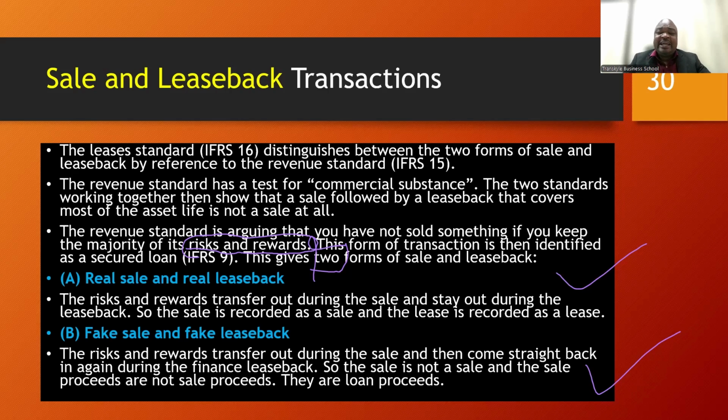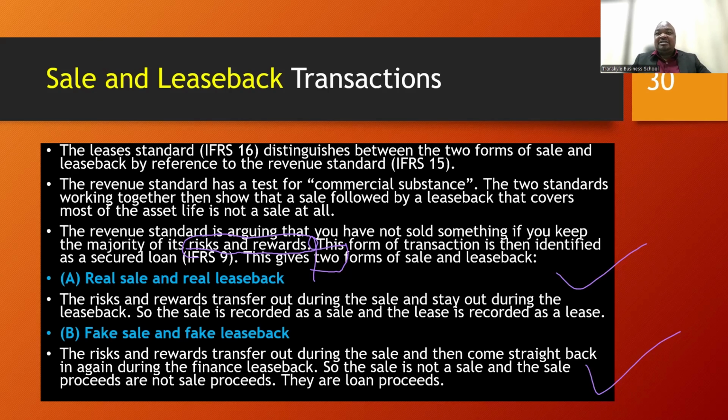So can it happen that you enter into a genuine sale and then start to have a fake? Okay, I've explained that. What about a situation where you enter into a fake sale and then start to do a genuine leaseback? Can that happen? It can happen, isn't it? Because you are already the owner.